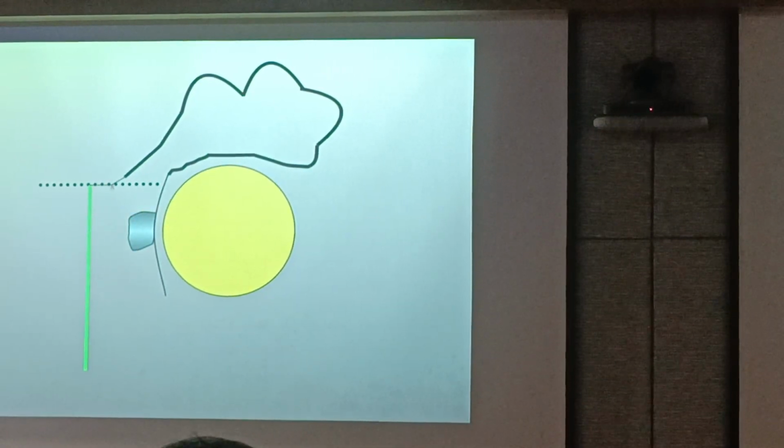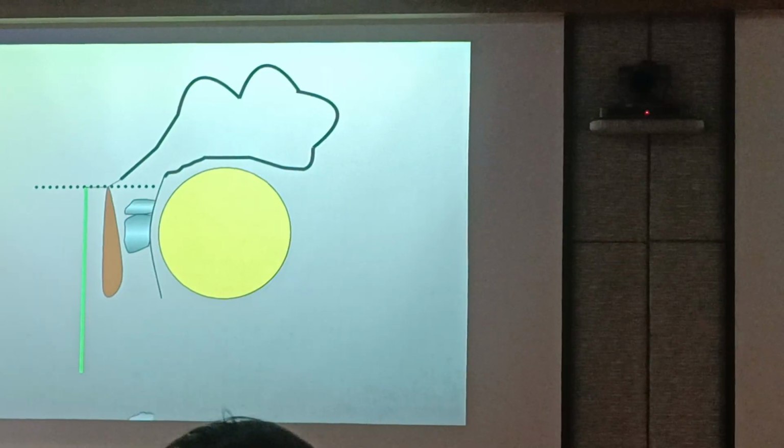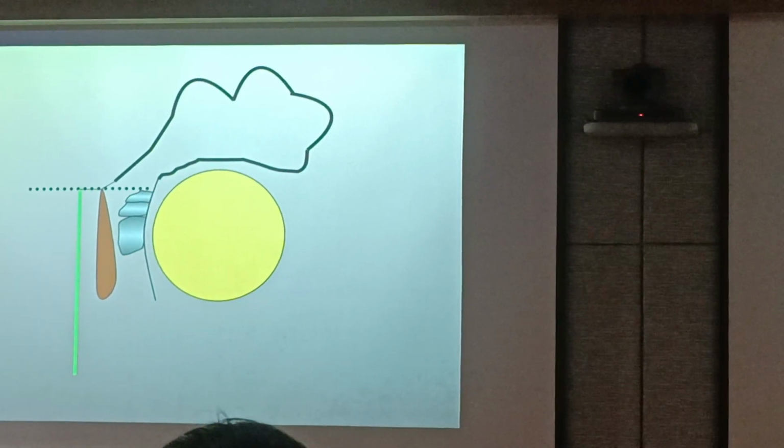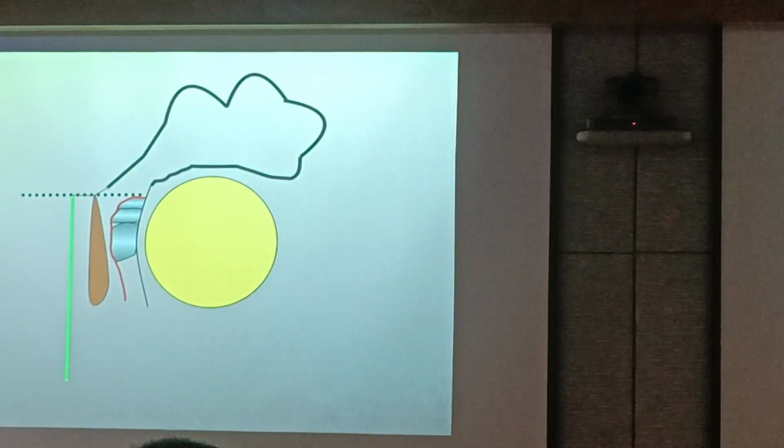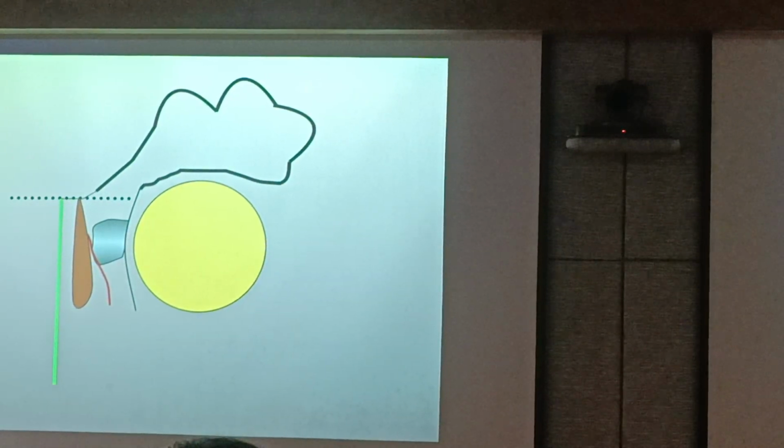Sometimes above the agger nasi cell there are multiple cells, and the uncinate attachment is pushed higher onto the lamina papyracea because of those cells. And sometimes you can have a very large agger cell, and then the uncinate is pushed onto the middle turbinate. So these are all the different permutation combinations that you can get.